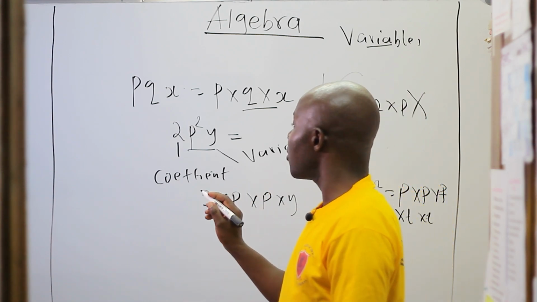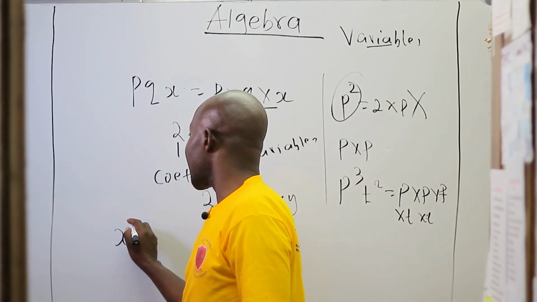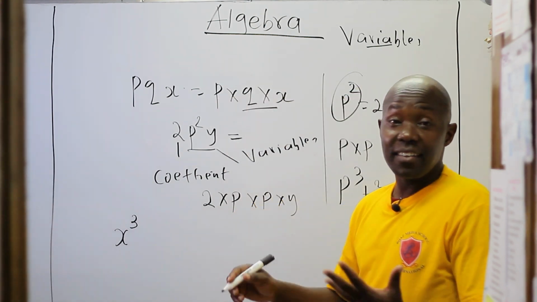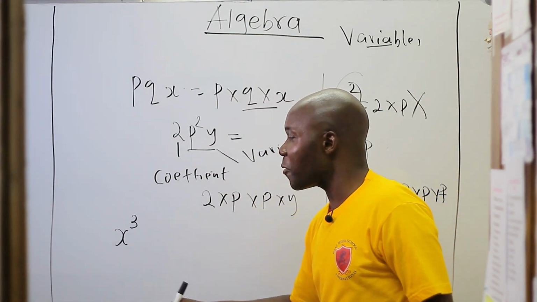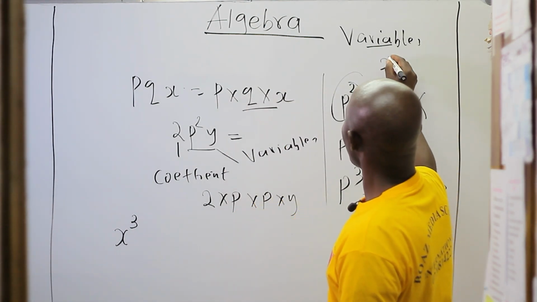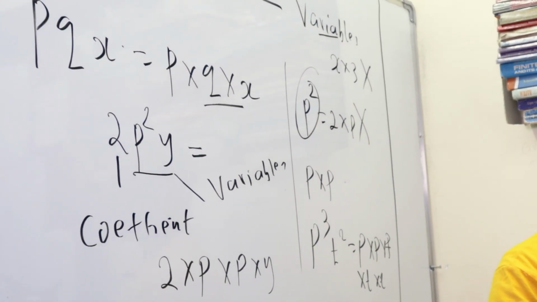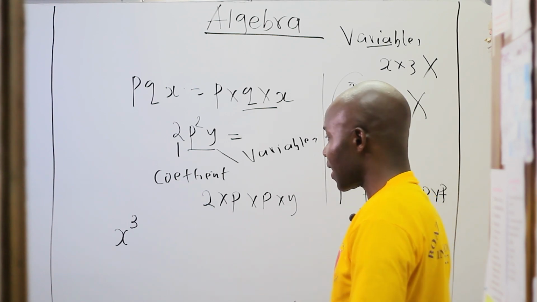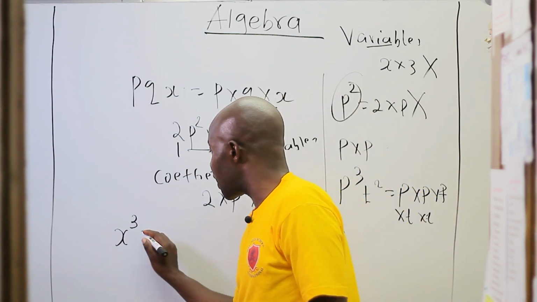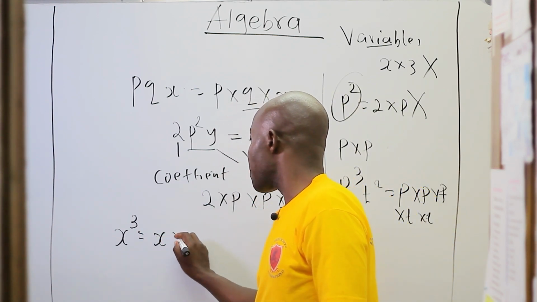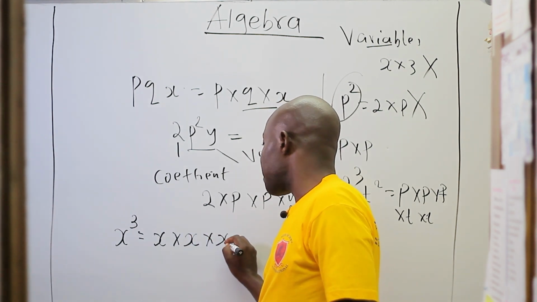Even in a small case, you ask a student, what is x cubed? Some students tell you that x cubed is x times 3. That is very wrong, from the experience I have with most of my students. X cubed means you take x, multiply by x, and multiply by x.